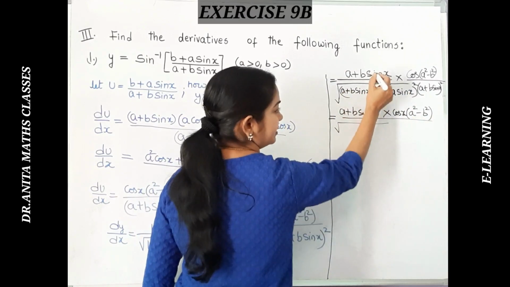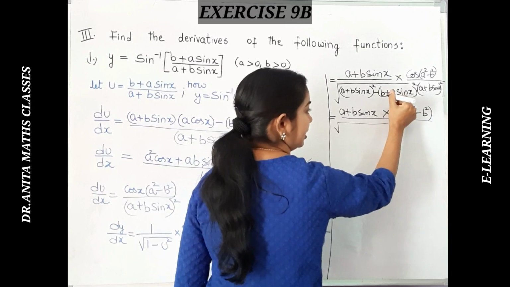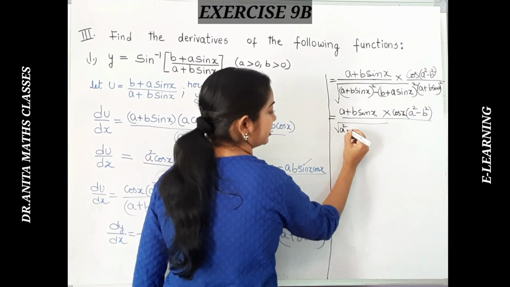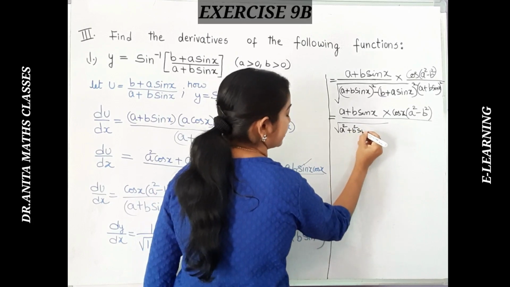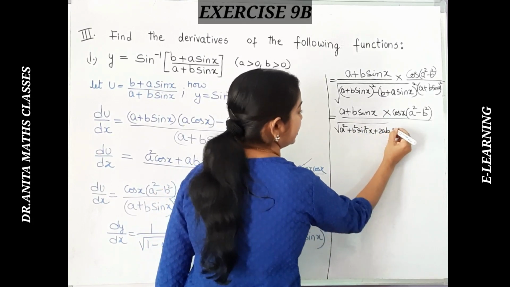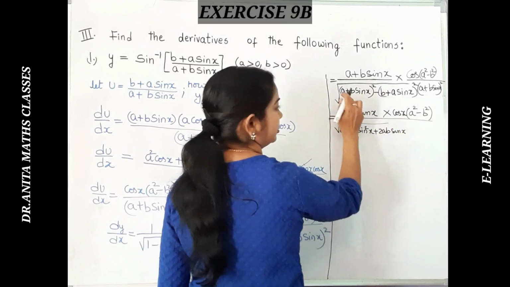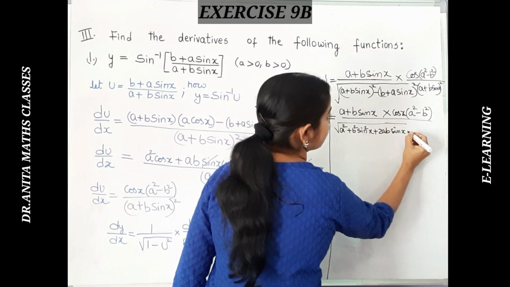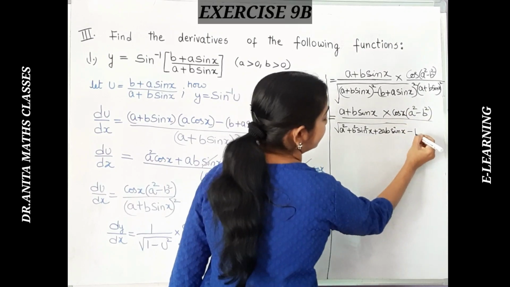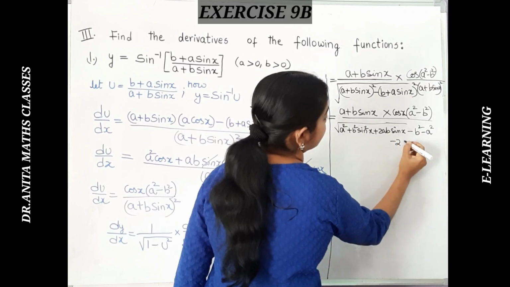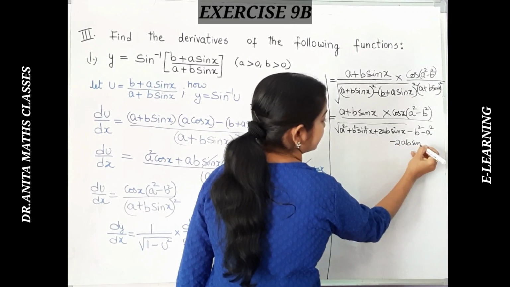This becomes a plus b whole square minus again a plus b whole square. I will expand it, that is a square plus b square sin square x plus 2ab sin x. Okay, 2 into a into b sin x. Again I'll expand this, minus b square minus a square sin square x minus 2ab sin x.